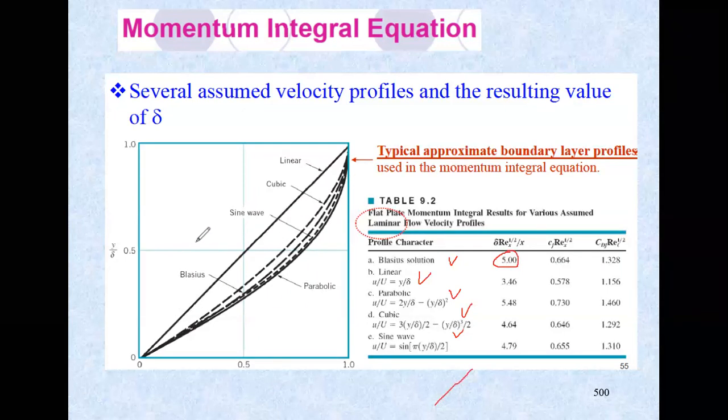The momentum integral equation tries to approximate the result when you have the velocity profile of the actual case. So you have to choose which one is close to your velocity profile to be able to compare them.